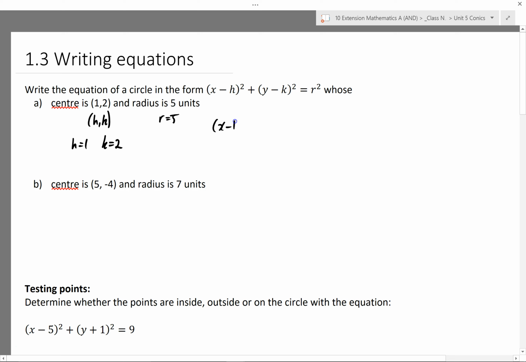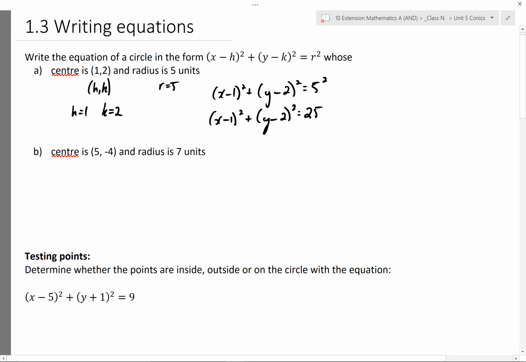I'd write x minus 1 squared plus y minus 2 squared equals 5 squared, and I'll just square that radius as 25. And in a similar way, his center is 5, minus 4 and radius is 7.